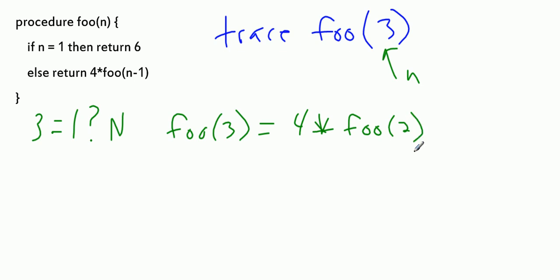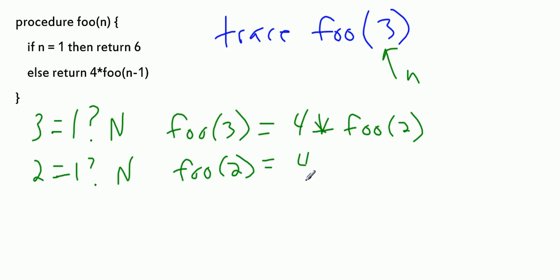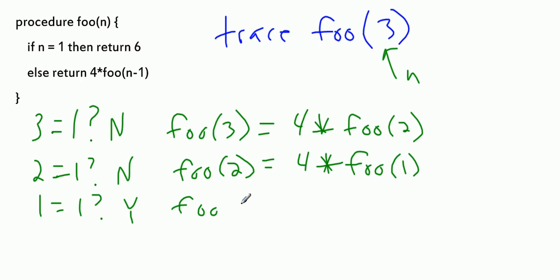Does 2 equal 1? The answer is no. So foo of 2 equals 4 times foo of 1. Does 1 equal 1? The answer is yes. So foo of 1 gets the value 6.